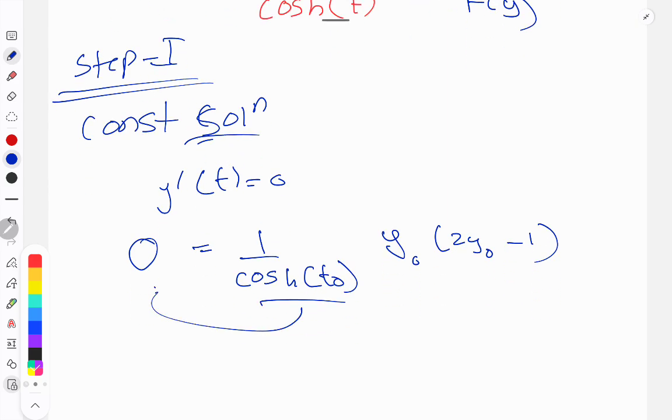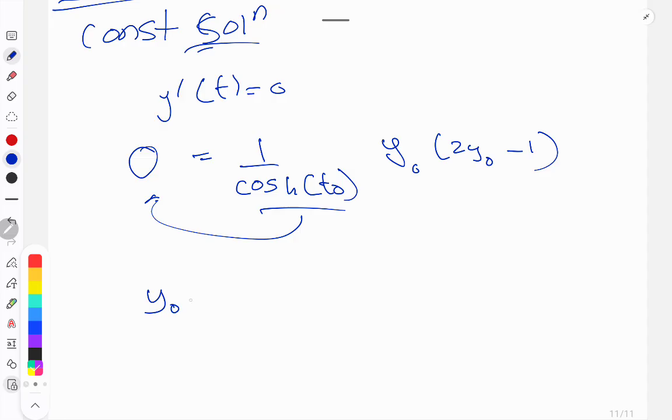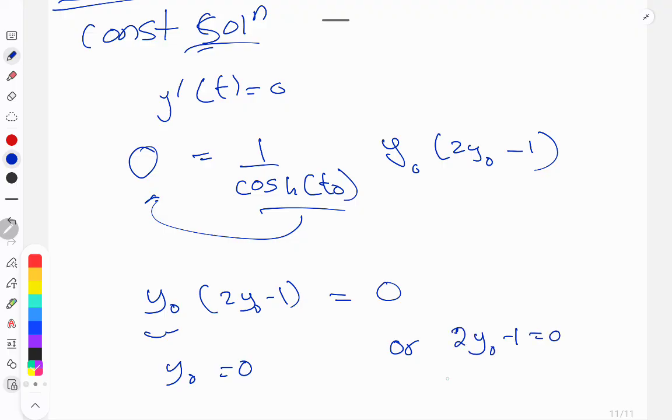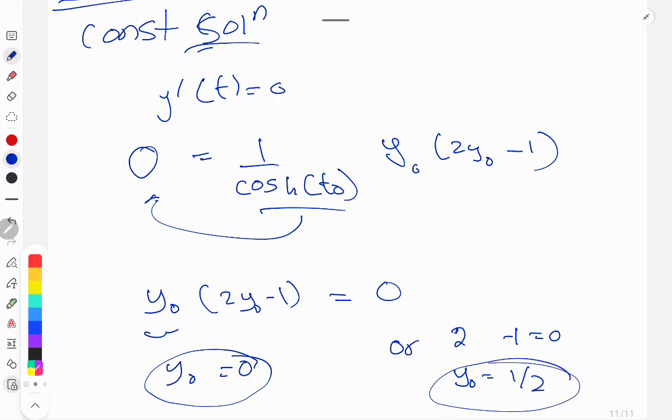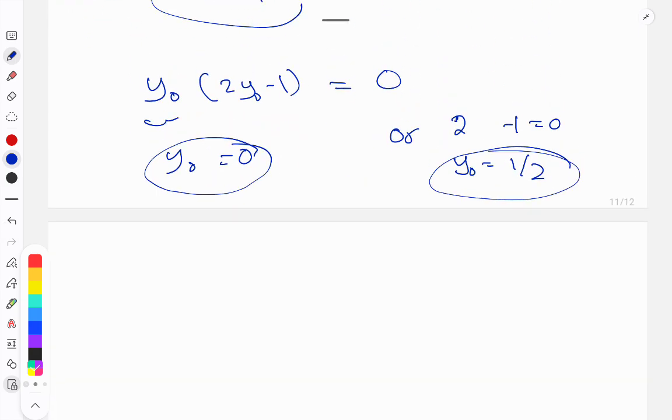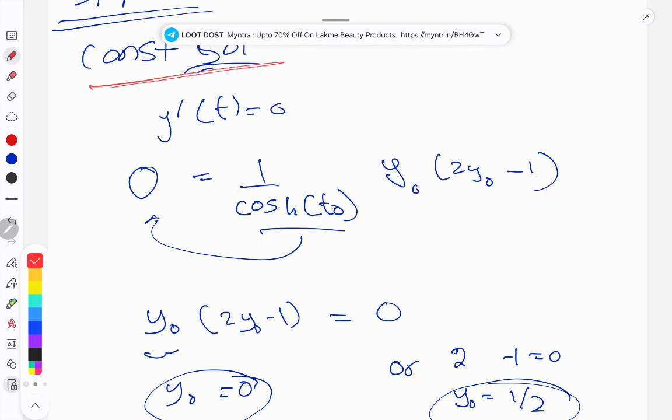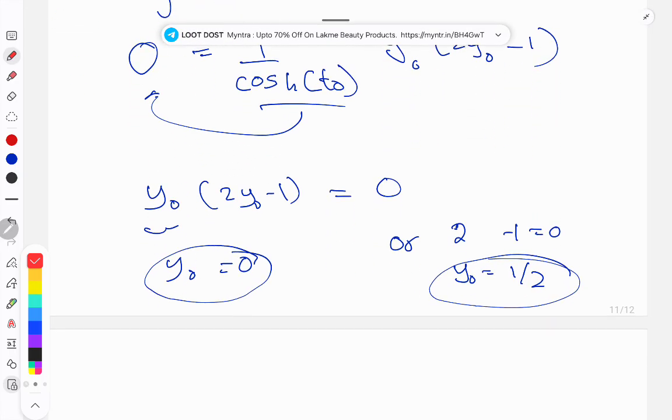So it's 0 equals y naught times (2 y naught minus 1). So y naught equals 0, or 2 y naught minus 1 equals 0, so y naught equals 1 over 2. You got two constant solutions, this and this. You get it, how I did it? Just simple mathematics. Now you have found the constant solutions. You get 1 or 2 points here, mostly 1 point.